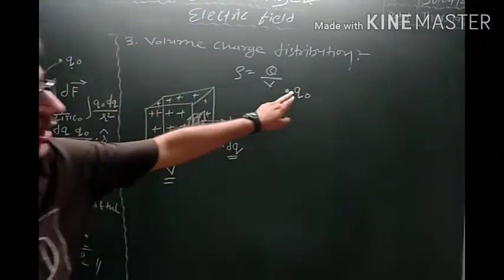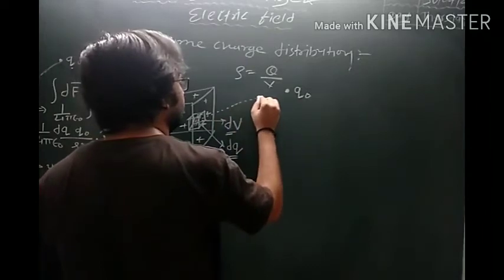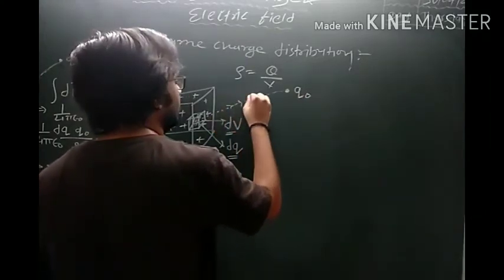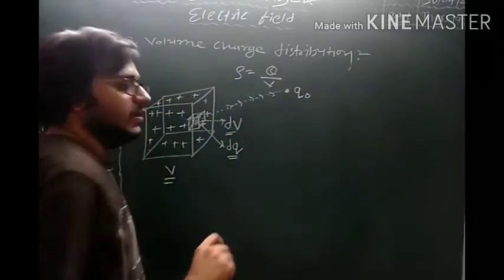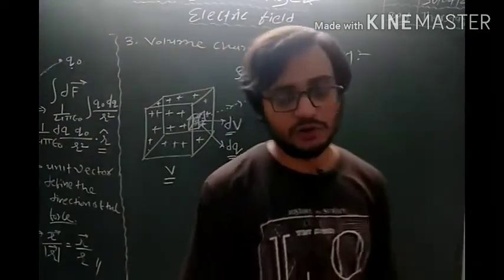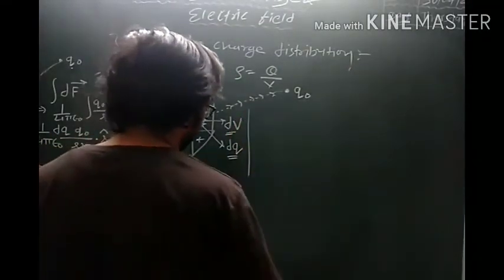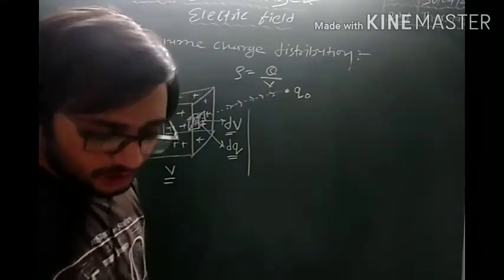So we take a point charge Q naught. Now the line joining these two charges gives the direction of the electric field or the electric force exerted on Q naught. Okay, so here again we apply Coulomb's law.